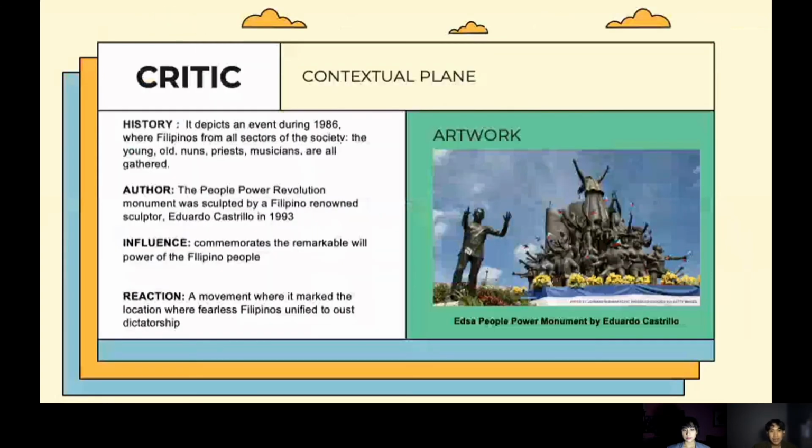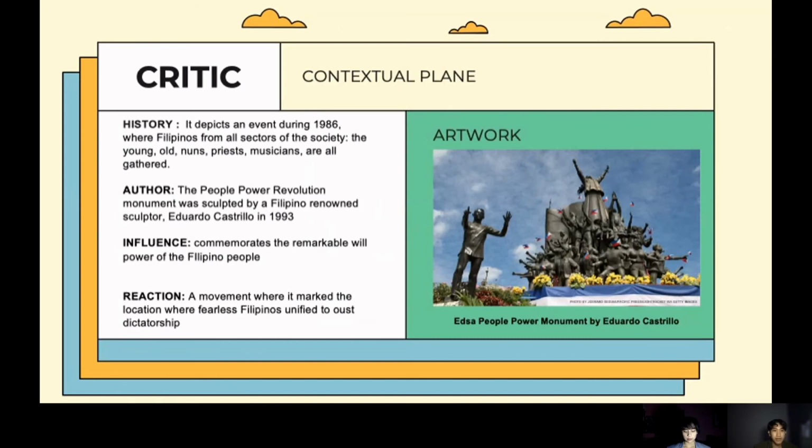So we critique this artwork using the elements of the contextual plane. And as Ms. Ern said, we have subcategorized it. First, history. It depicts an event during 1986, where Filipinos from all sectors of society, the young, old, nuns, priests, musicians, all gathered. Second is the author.